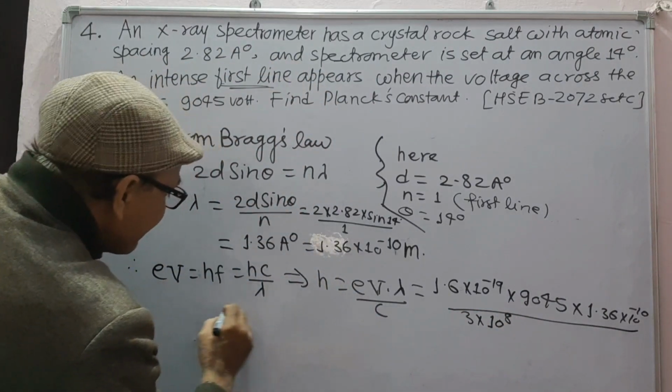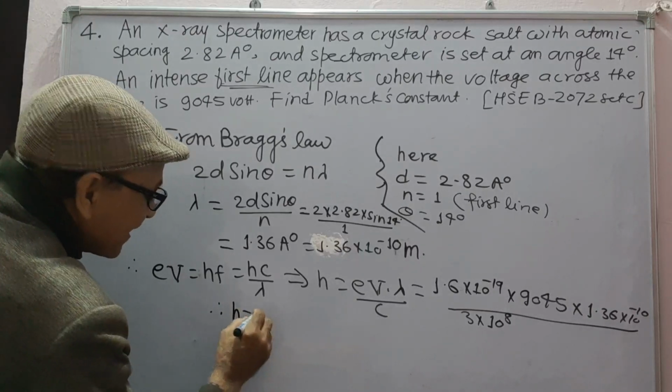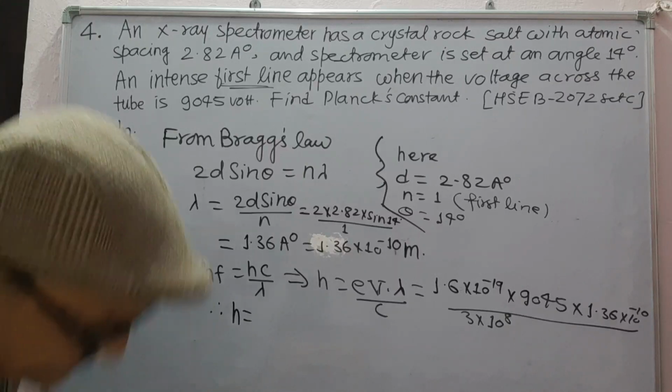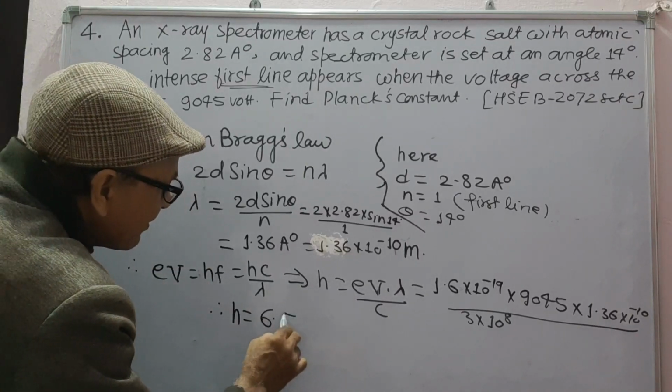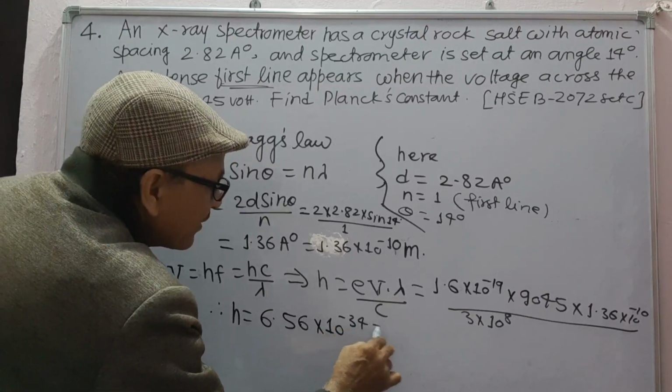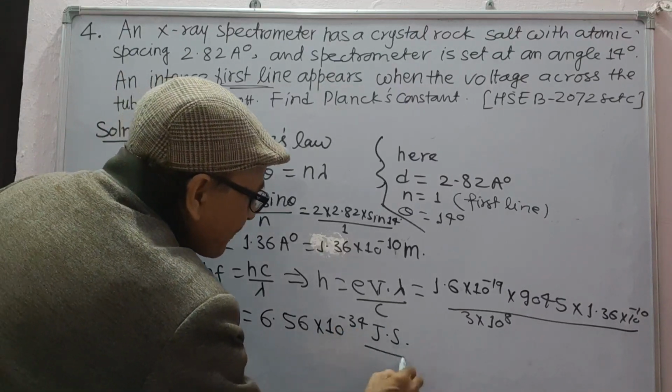On simplification we get Planck constant as 6.56 into 10 to minus 34 joule into second.